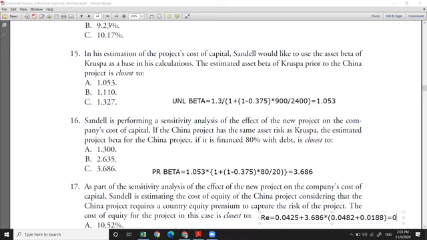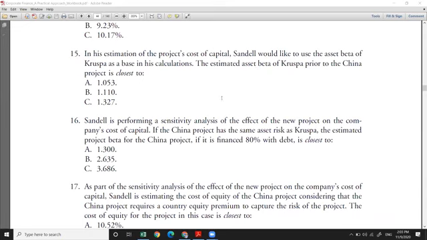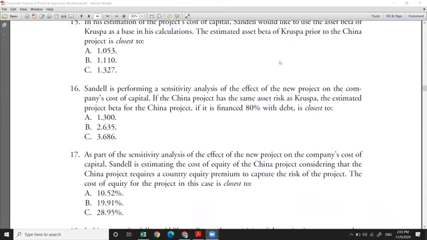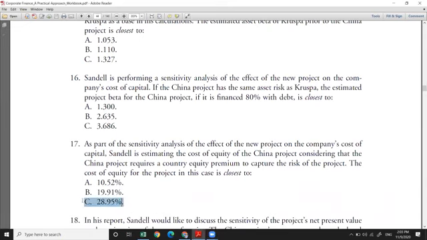Just a second. 28.95%. Yes? Okay, 28.95%. So this is how you find it. Okay, C.